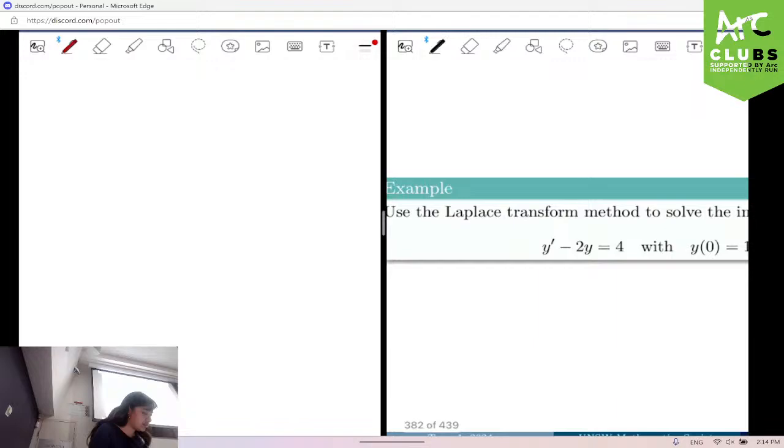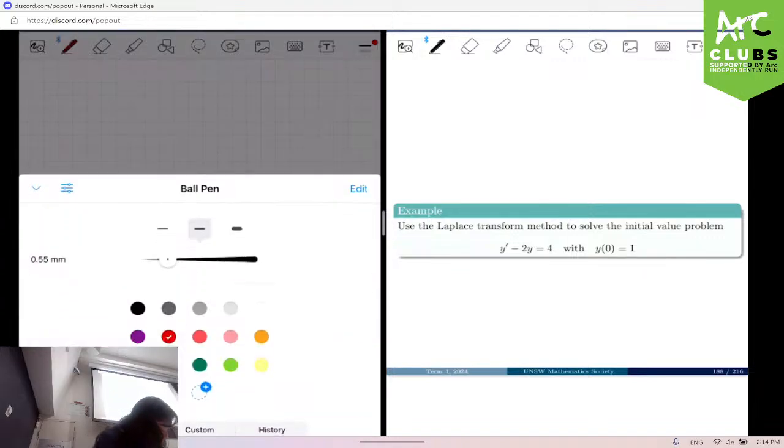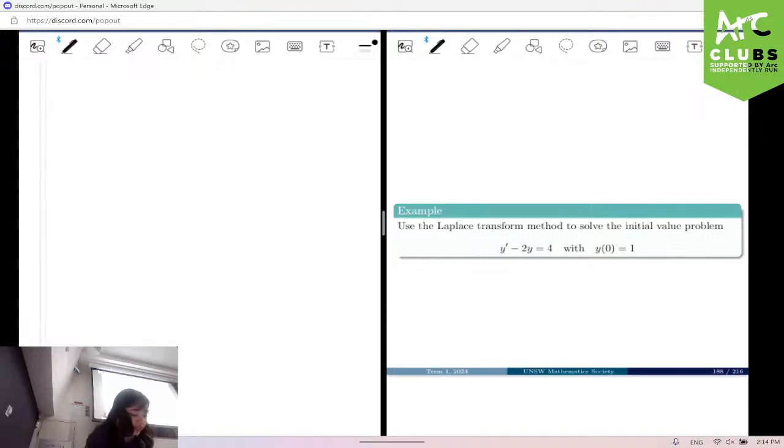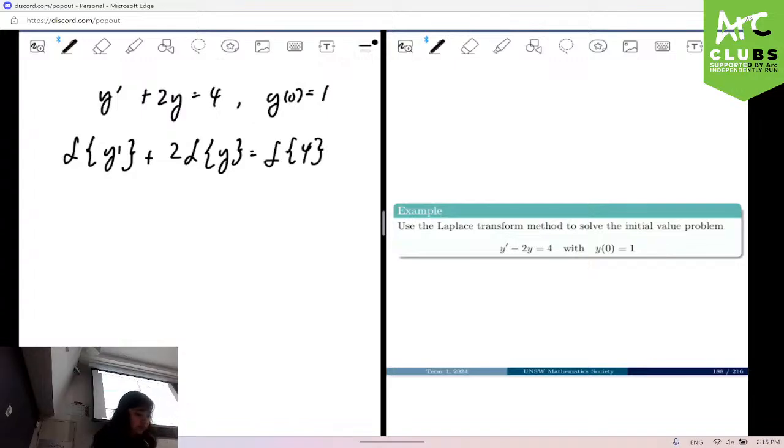Okay, so let me just write it down a bit. So y' plus 2y equals 4, and y(0) equals 1. So we're going to find the Laplace of y' plus 2 times the Laplace of y equals the Laplace of 4.